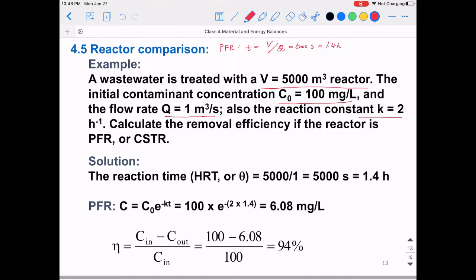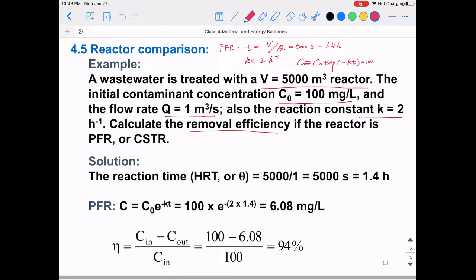Further, the reaction constant for this first order reaction, K, is equal to 2 per hour. We want to calculate the removal efficiency. For a PFR, the final concentration is equal to C0 multiplied by exponential minus KT.